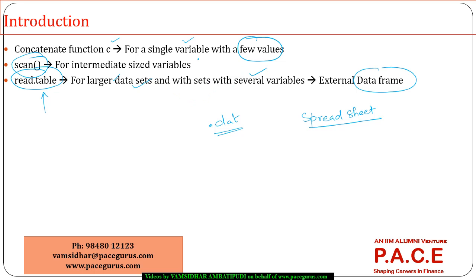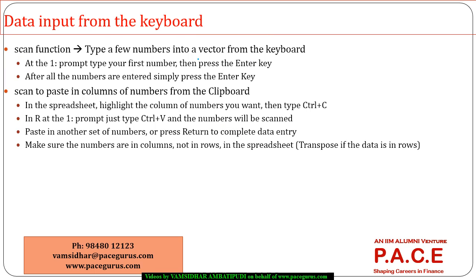So these are the three broader ways in which I can get the data from external sources into R, out of which read.table and a lot of variants of it, which we will be looking at, like read.csv, etc., play a very important role in reading the data from external file sources.